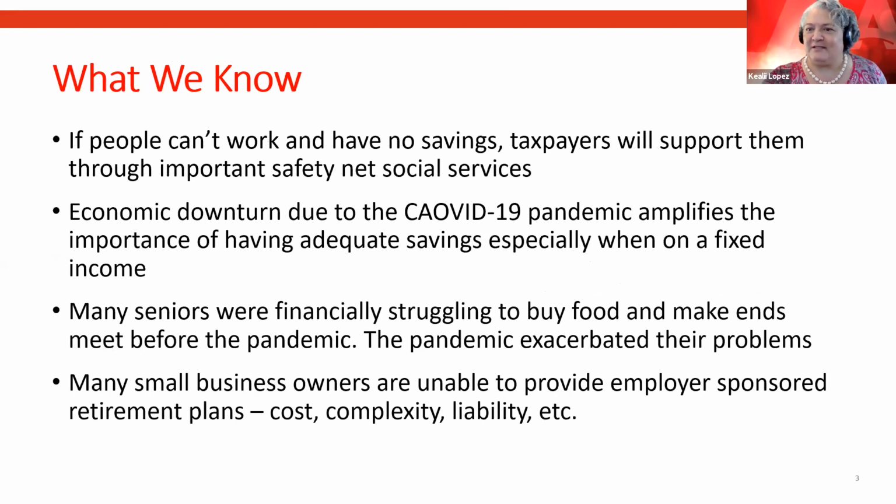That means another 95% either don't have access to a 401k or IRA unless it's through their employer, but many don't have that. So those who aren't able to work and haven't saved will need to be supported by social service safety net efforts.